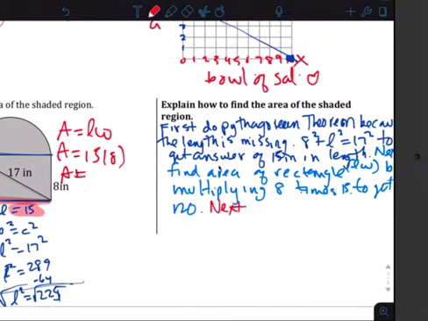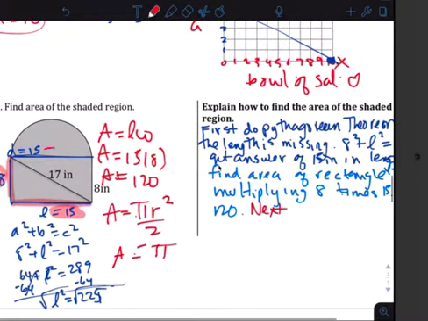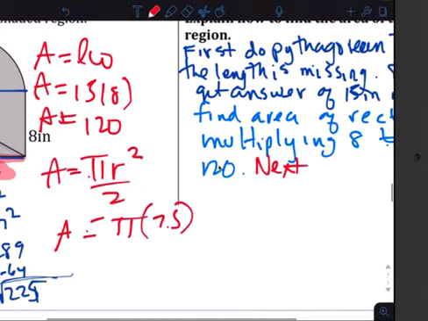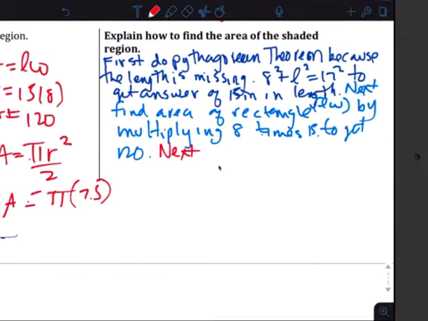Area is 120. Area of a half circle is pi radius squared divided by 2. Pi times the diameter. If the diameter is 15, the radius is 7.5. Pi times 7.5 squared. So you need to explain this next.